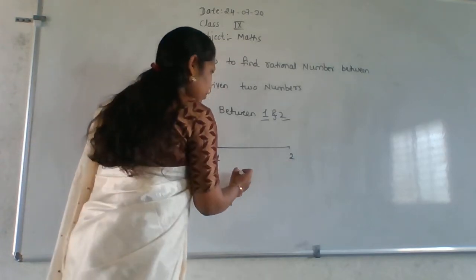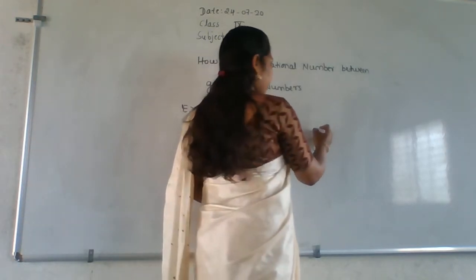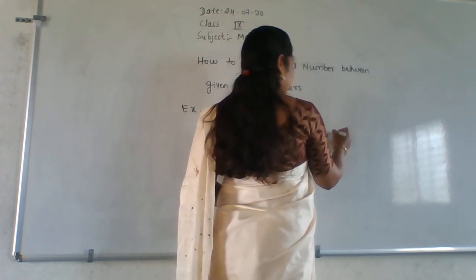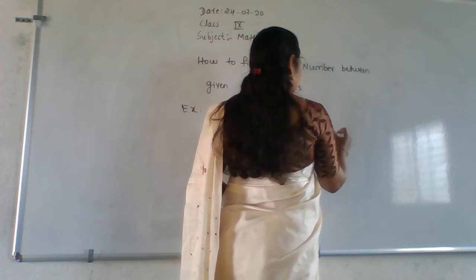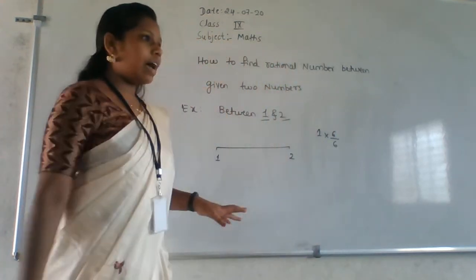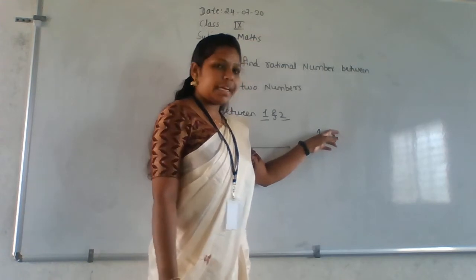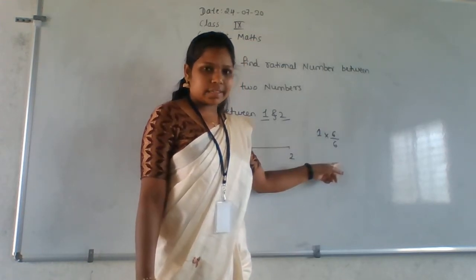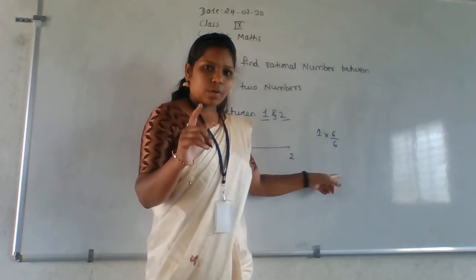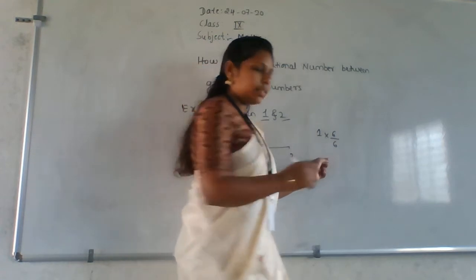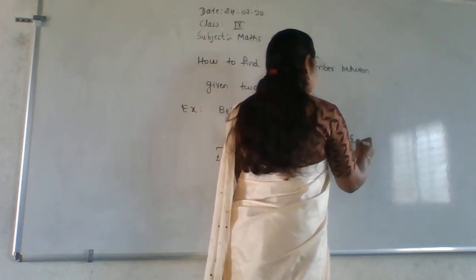I'll show here. Multiply 1 by 6 by 6. Whatever value you multiply the denominator by, you have to multiply the numerator by the same. 6 by 6 is nothing but 1, right? So multiplying 1 by 6 by 6, we get 6 by 6.